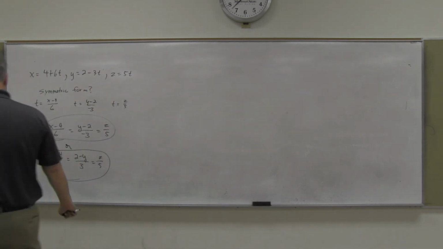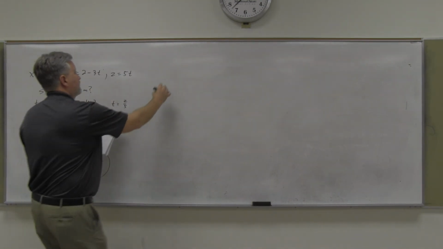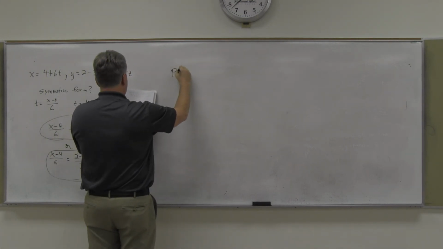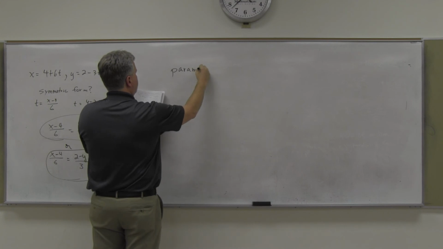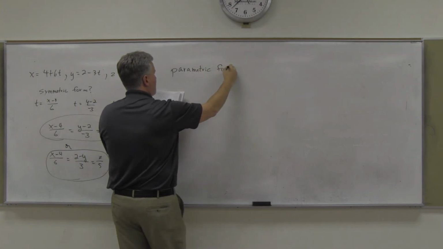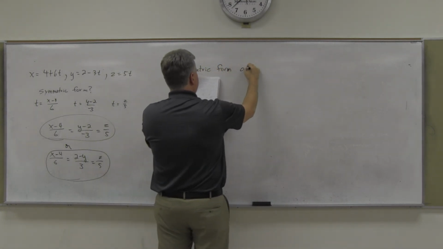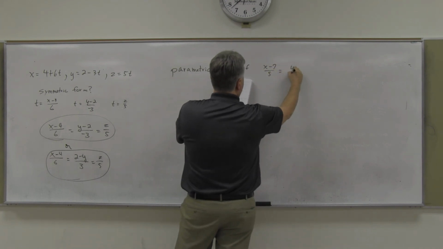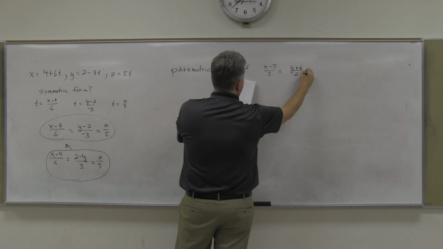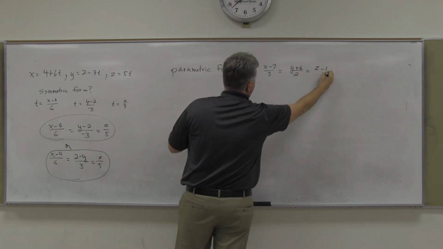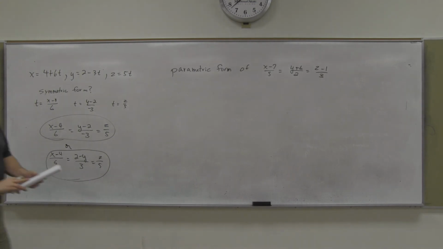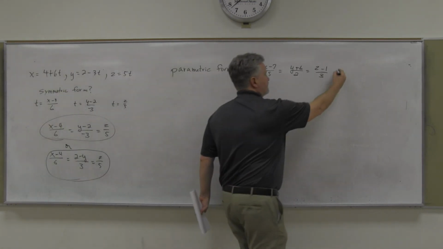All right, then, so what would be parametric form? How do we do this? Parametric form of x minus 7 over 5 equals y plus 6 over 2 equals z minus 1 over 3.